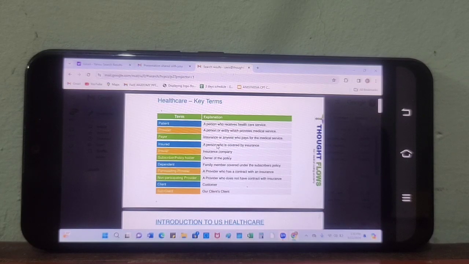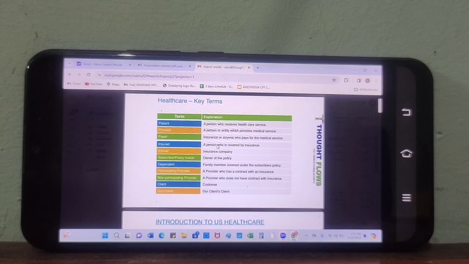Then payer is the insurance company. Insured means who is covered under the policy. That means a person who is covered by the insurance is called insured. Insurer is the insurance company.